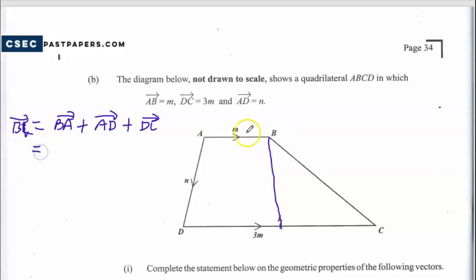So B to A, again, is minus m, we explained why already. A to D is positive n, same direction, plus DL.